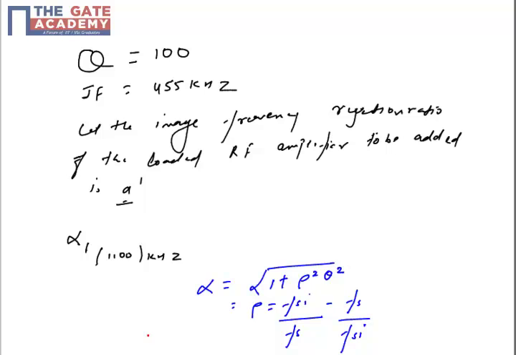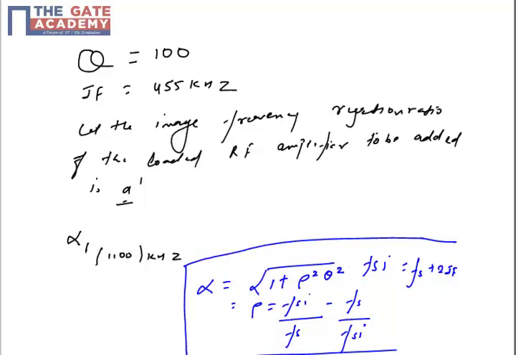And FSI is given as the signal frequency plus twice the intermediate frequency. So this is an important formula to be used.